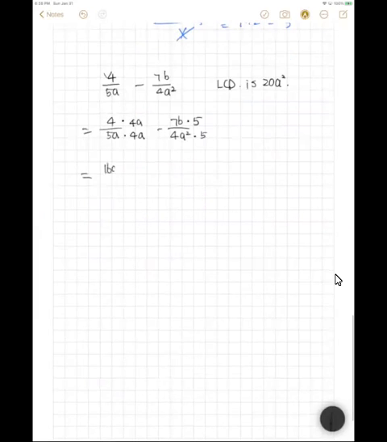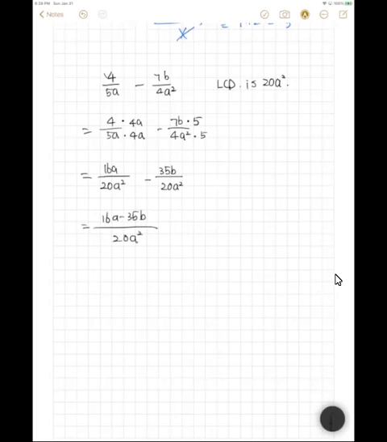I have 16a over 20a squared minus 13.5b over 20a squared. We simplify it, we have 16a minus 13.5b over 20a squared. For this one, they don't have any common factor, so that is the simplest form. That would be the solution.